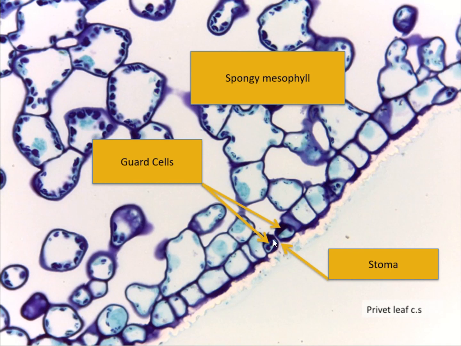But if you can picture it, when these guard cells shrivel and become super tiny, that's going to increase the stoma opening. That's going to regulate the ability for gases to more easily come in and out of the plant leaf. Whereas when these guard cells swell and become bigger, they're going to create a smaller opening or a complete closure of the stoma so that gases cannot enter and exit as easily.